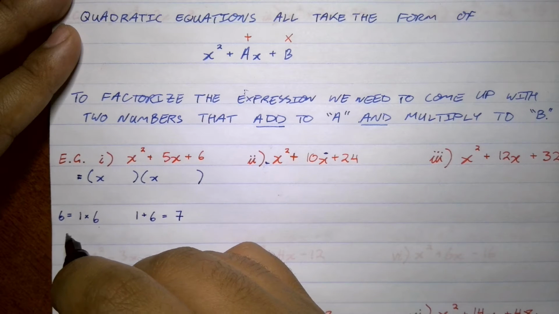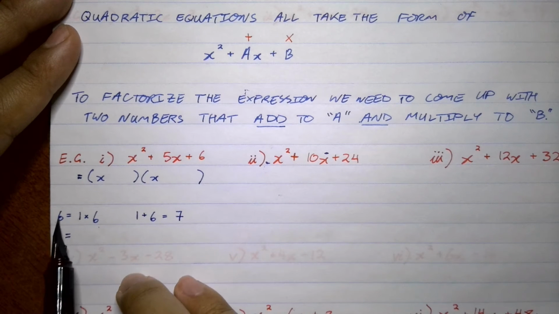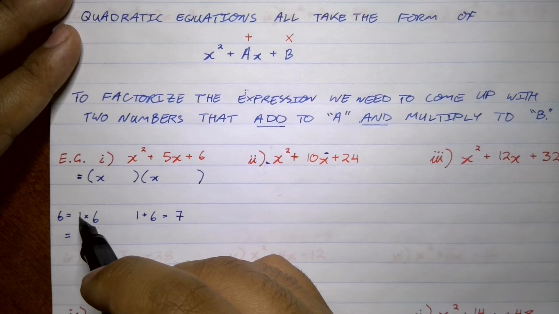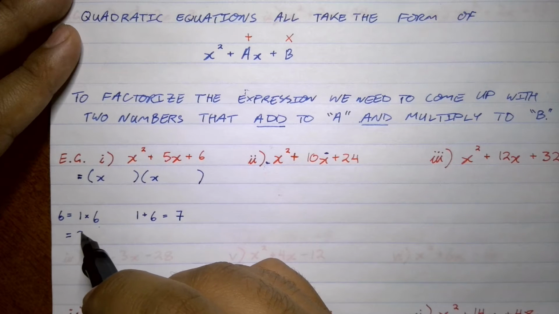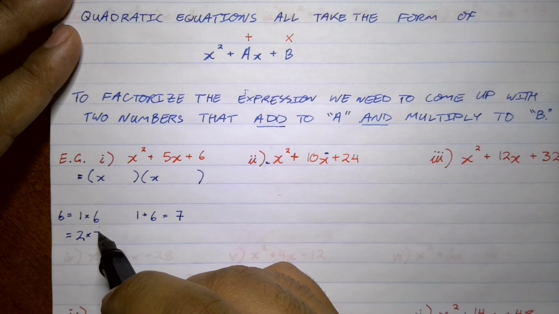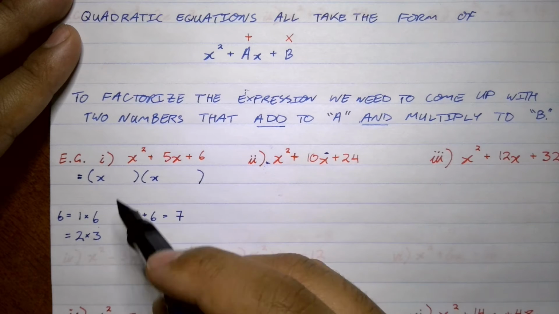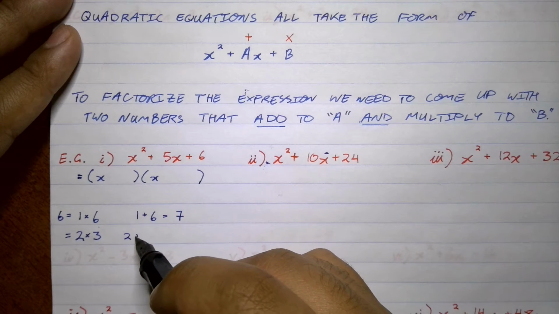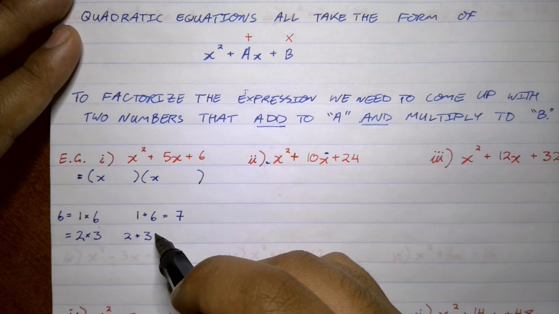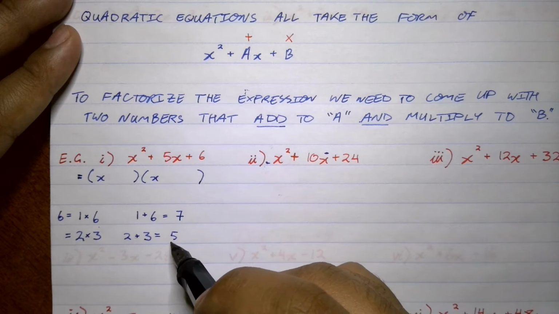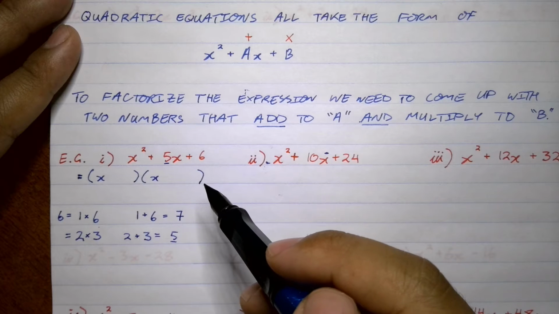Let's try the next one. Numbers that multiply to 6. Well, we started with 1 and 6. Let's try 2 times 3. Let's try adding 2 and 3 together. 2 plus 3, and that's 5, which is what we are looking for.